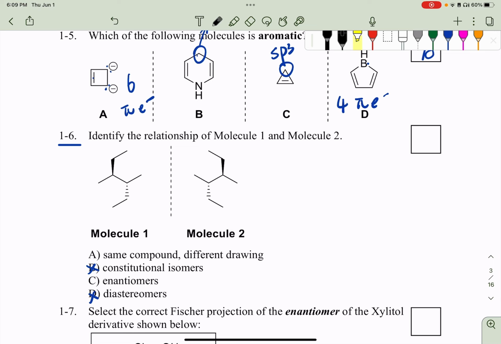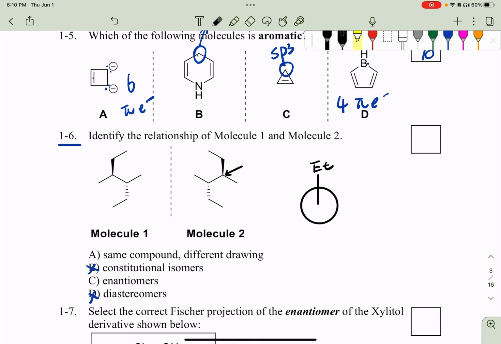But here, imagine you're rotating this chemical bond so that you end up having the Newman projection. So what does that mean? It means if we start by looking at the Newman projection here, let's say I'm looking through this chemical bond. Let's say on the top, we have our wedge, like an OH group.